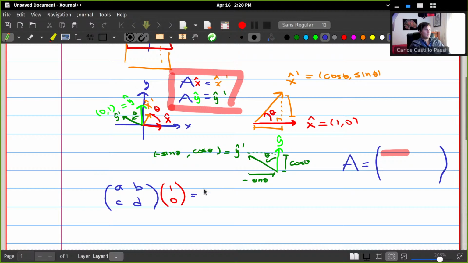And that is the same as cosine and sine. Then to the same matrix, A, B, C, and D, we apply y hat, or 0, 1, and that's minus sine of theta and cosine.